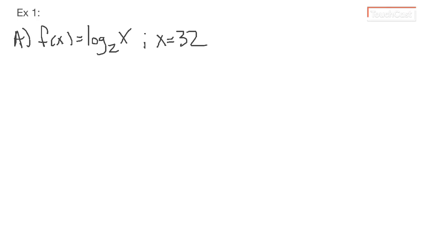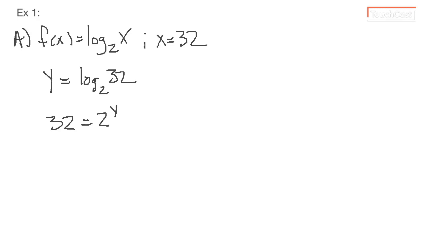So what that means is we have y equals log base 2 of 32. To solve this, what we're going to do is rewrite this in its exponential form. So 32 is equal to 2 to the y power.